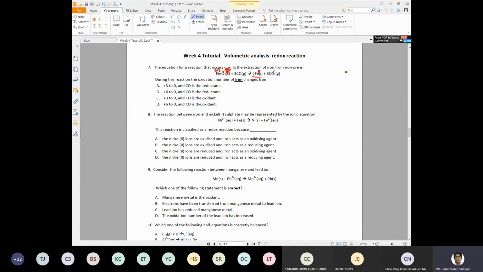So it says that during the reaction, the oxidation number of iron changes from +3 to 0, and carbon monoxide is a reductant, because carbon monoxide is helping it to reduce. So this is the reductant.